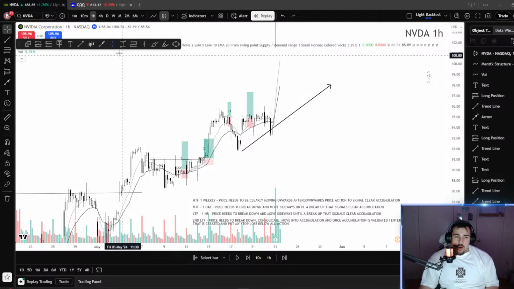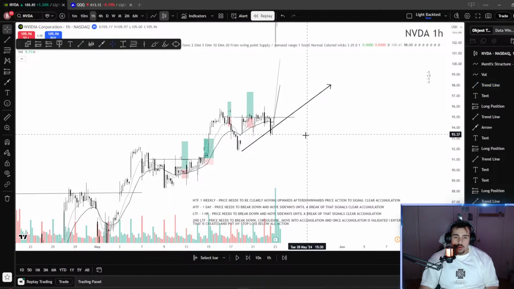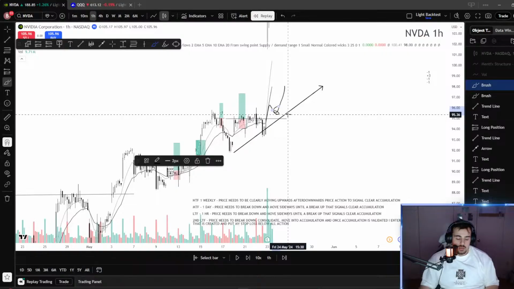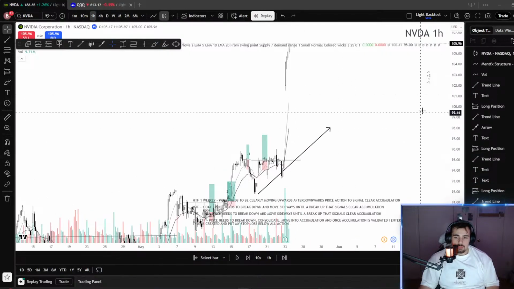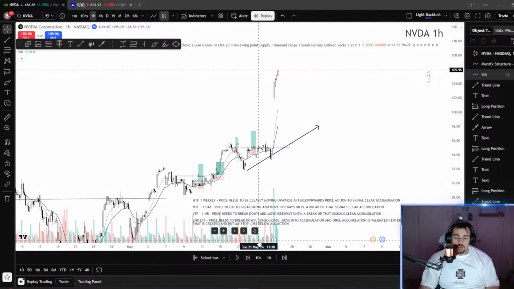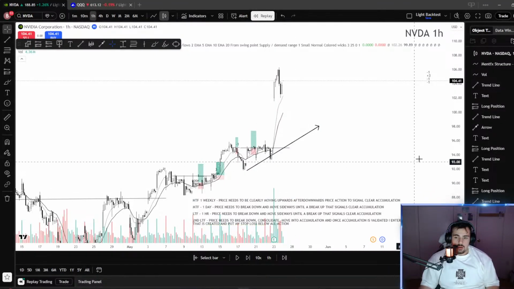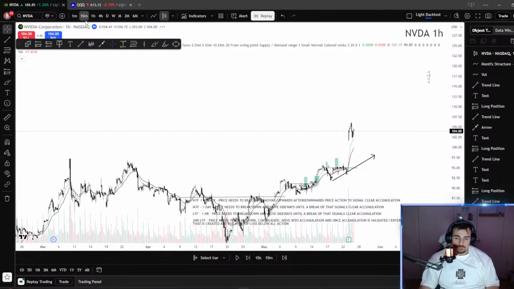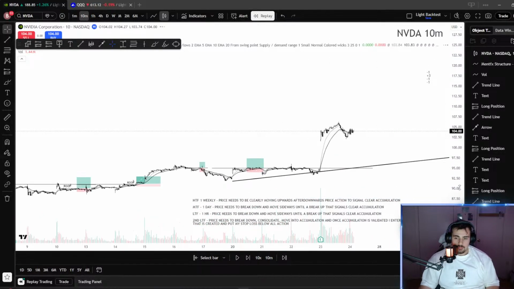Price broke down. If price on the 1 hour created some sort of high like this, I would have tried to enter in here, but price just purely jumps into a crazy push. So I'm just gonna wait here, see what the 10 minutes doing.